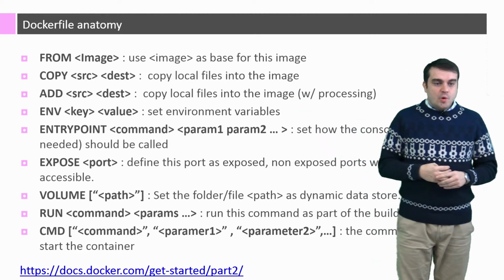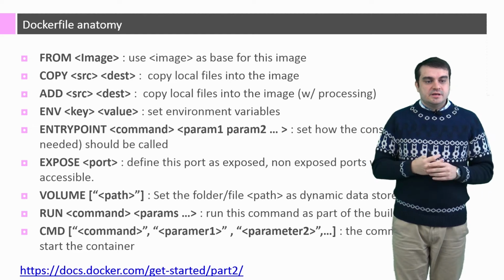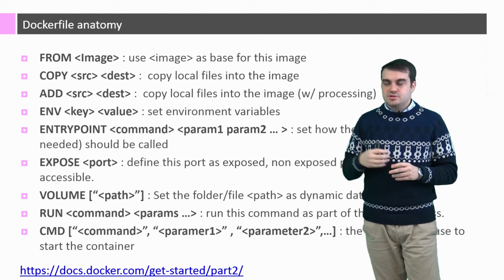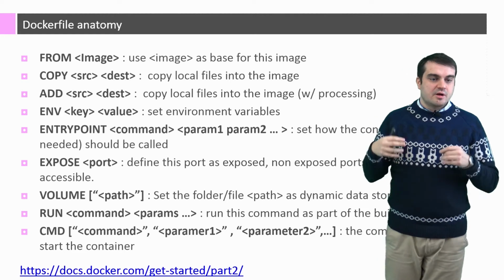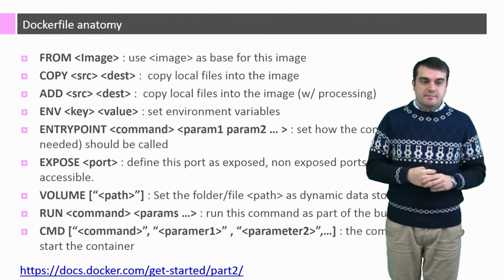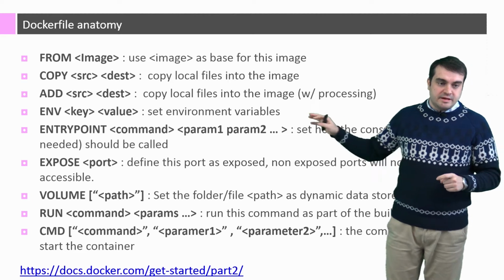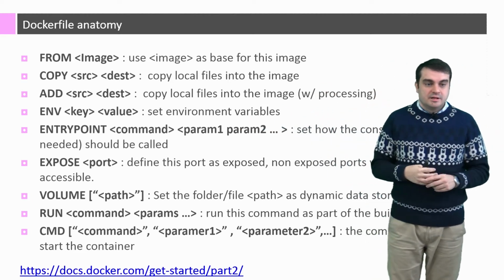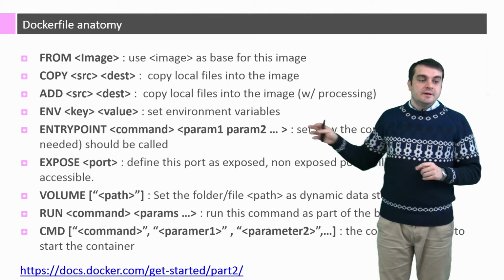Then you might want to copy your files into that image, meaning copying your binaries and your data files. You might want to set some environment variables by default. If not, they can be edited in the run command.